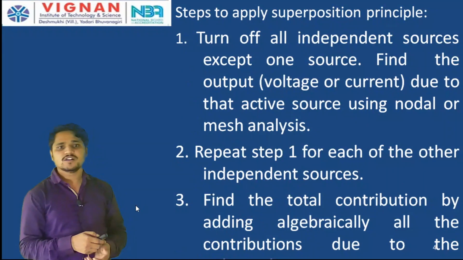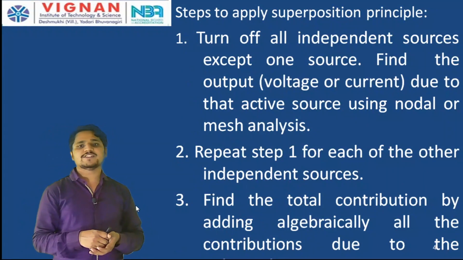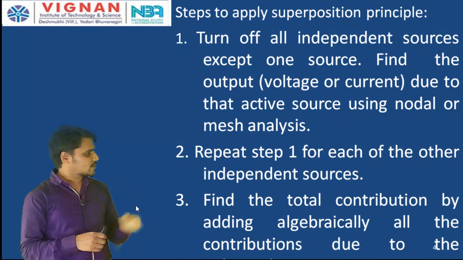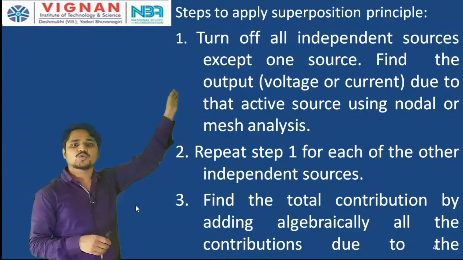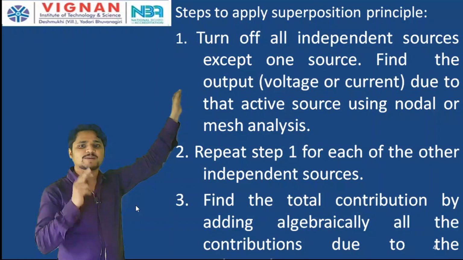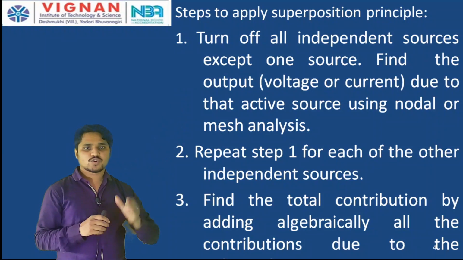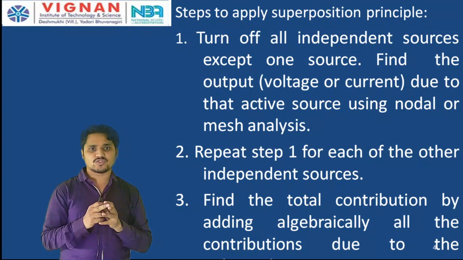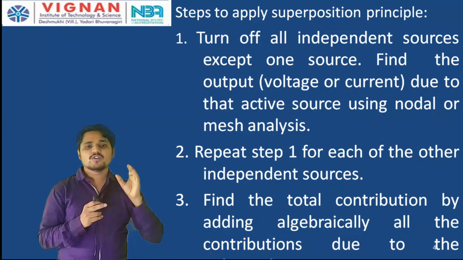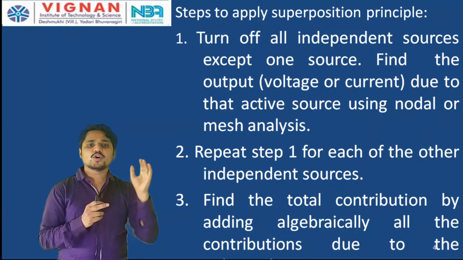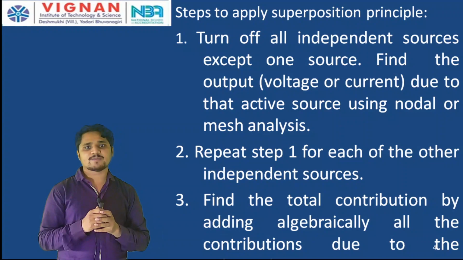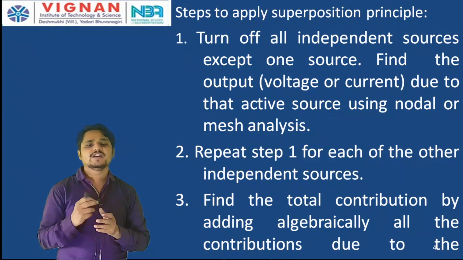So, what are the steps to apply the superposition theorem? The first step is to turn off all the independent sources except one source. That means, if there are two sources acting in a network, first we have to assume that only one source is acting at a time. The remaining sources must be killed.